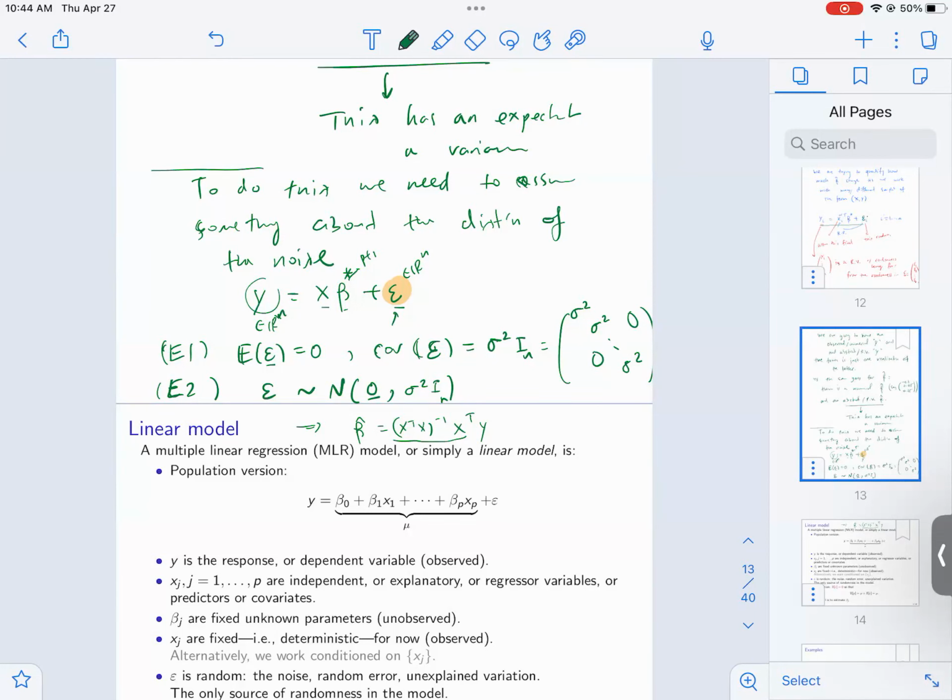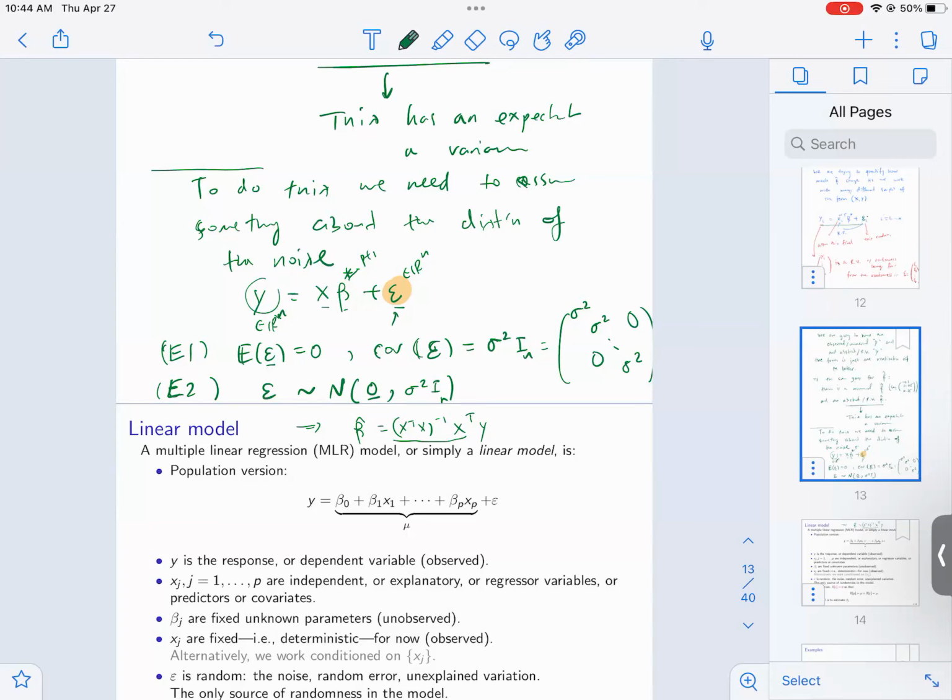This follows from linear transformation. And beta hat will also have a multivariate normal distribution because it is a linear transformation of Y. So under this assumption, all the quantities that we care about will have a multivariate normal distribution. And then I can use that to calculate probabilities in addition to variances and expectations.